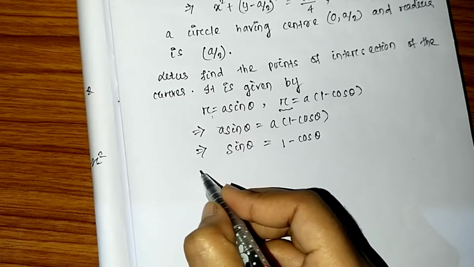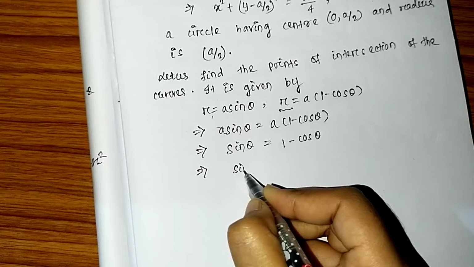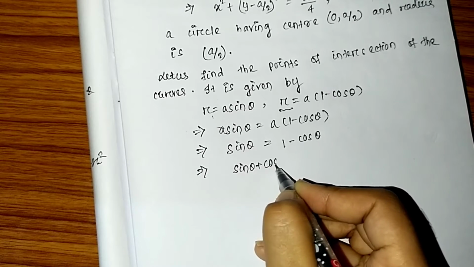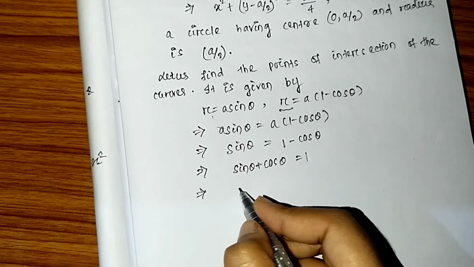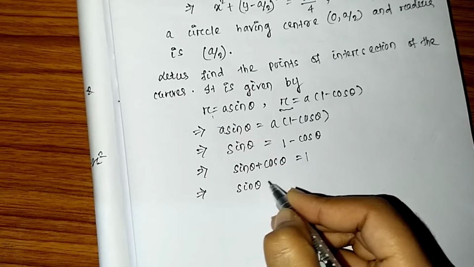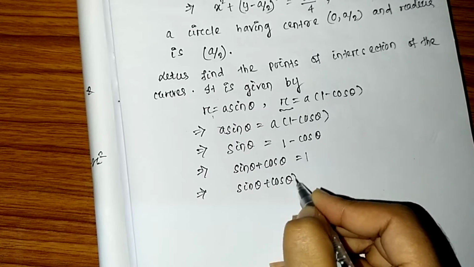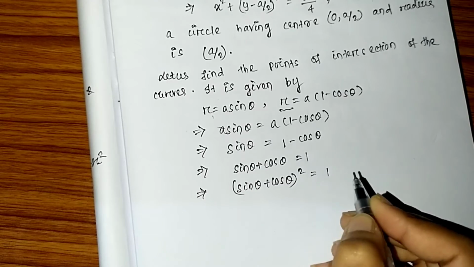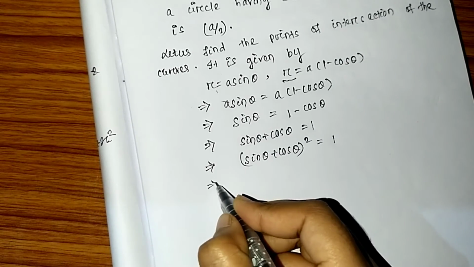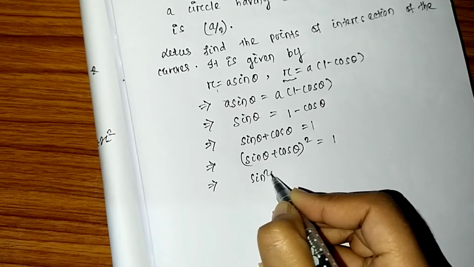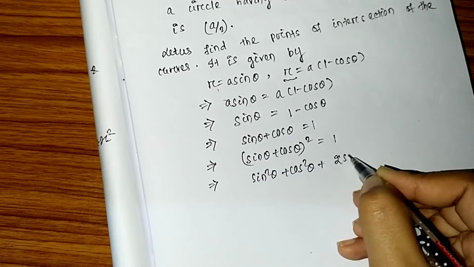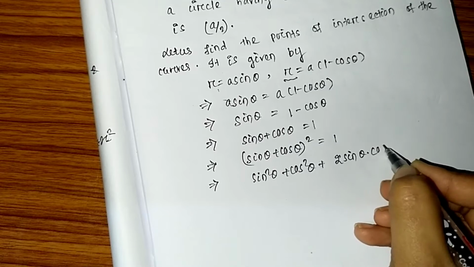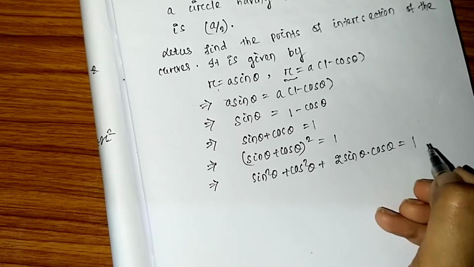That implies sin theta plus cos theta equal to 1. Now squaring both sides, sin theta plus cos theta whole square equals 1. So sin square theta plus cos square theta plus 2 sin theta cos theta equals 1.